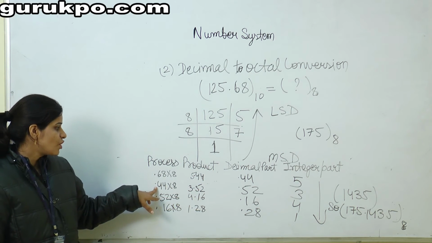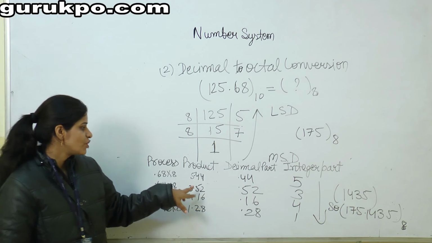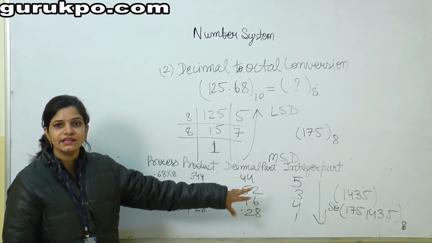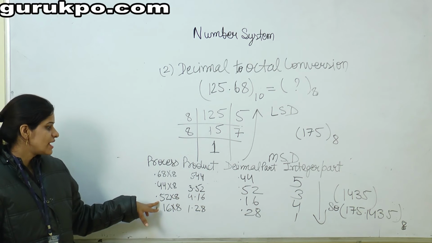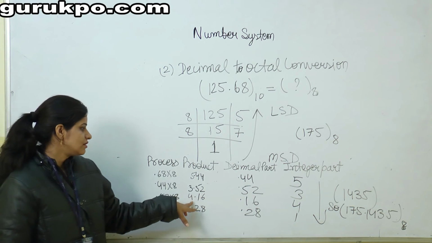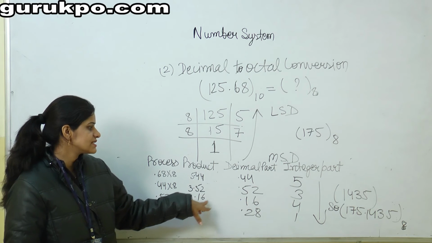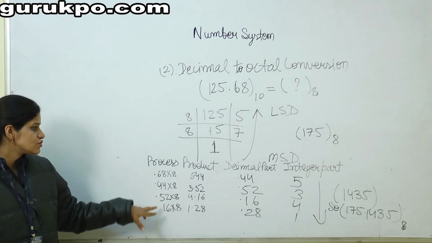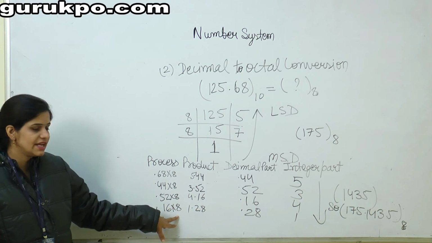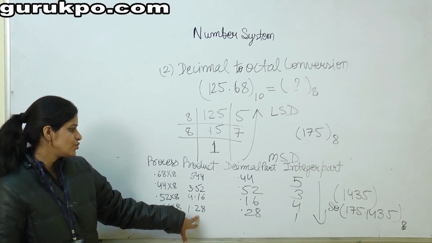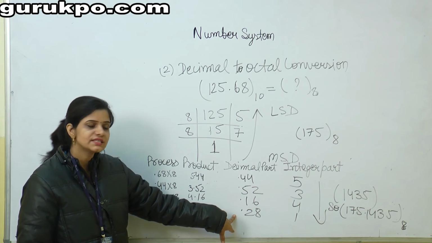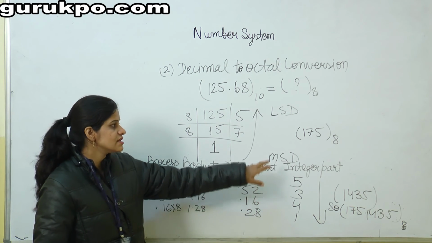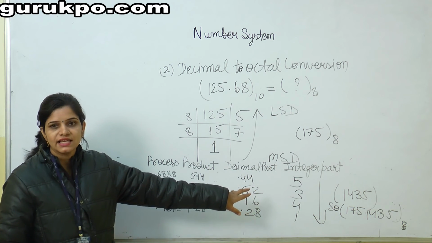Second, 0.44 multiplied by 8 gives 3.52, decimal part 0.52 and integer part 3. Again, the decimal part multiplied by 8 gives 4.16, decimal part 0.16 and integer part 4. Again, the decimal part multiplied by 8 gives 1.28, decimal part 0.28 and integer part 1. The answer is written in the downward direction, from LSD to MSD.